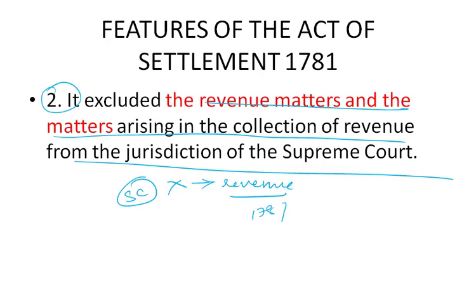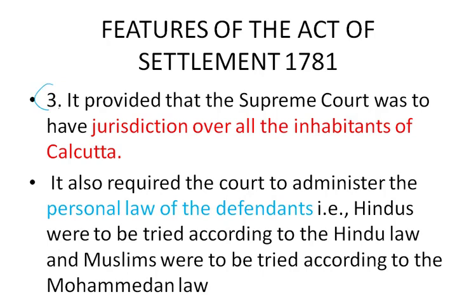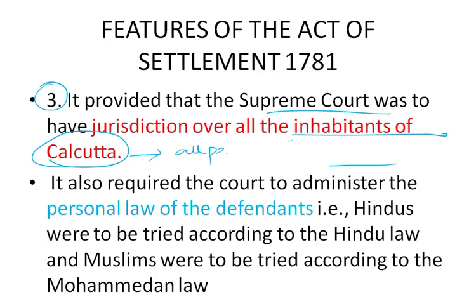The third feature of this act is that it provided that the Supreme Court should have jurisdiction over all the inhabitants of Calcutta. So for each and every person inhabiting Calcutta, the Supreme Court has the power to pass judgments and make legal decisions.